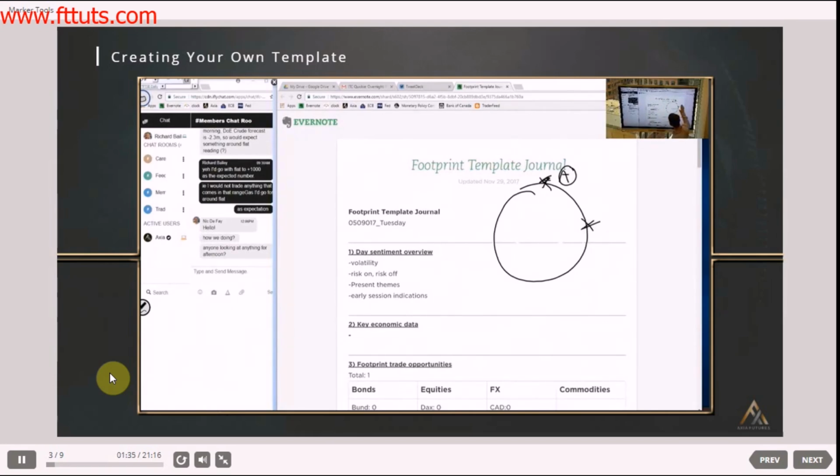Now, how this relates to trading and why it's so important is because trading is one of the few disciplines that forces us to have closed feedback loops. Why? Because from the moment that we click at point A to the moment that we get back around, there's probably another decision that needs to be taken.